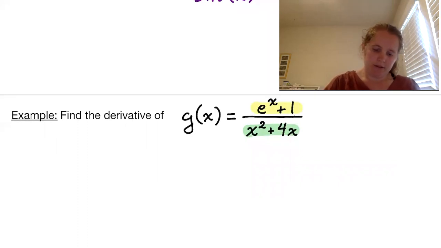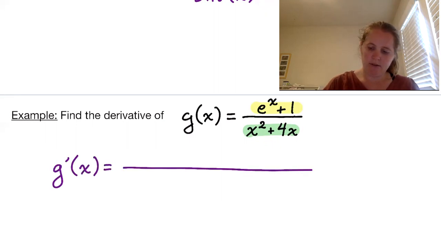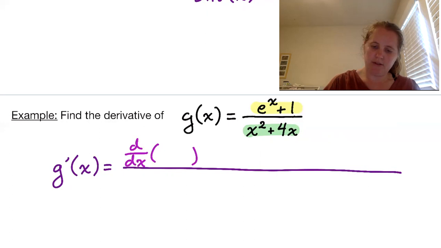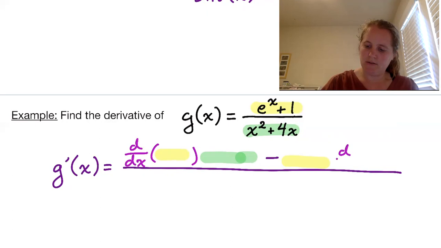So we have g prime of x is equal to, the quotient rule says, we do the derivative of the first times the second, then we subtract the first times the derivative of the second.